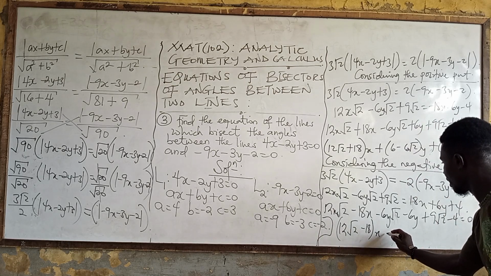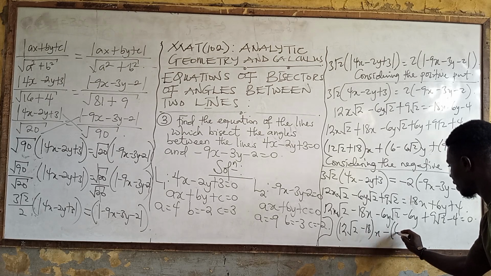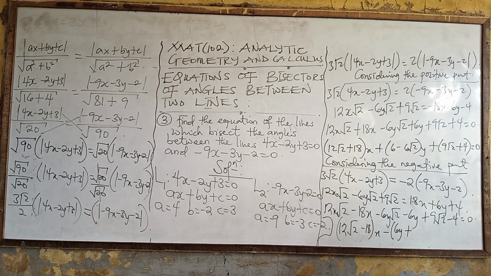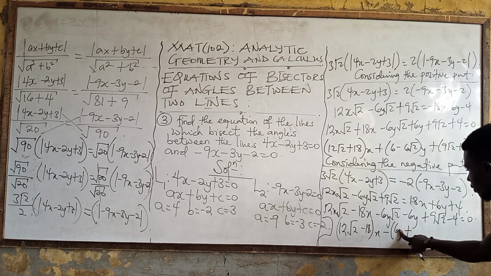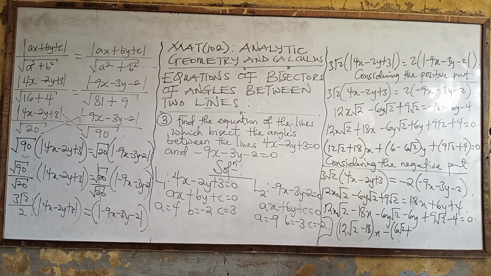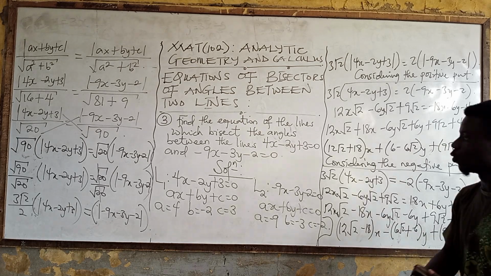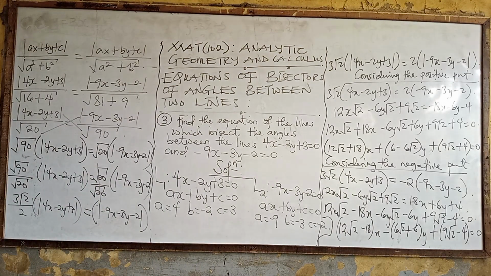Then we can get our negative 6 root 2, then plus 6 multiplying y, and plus 9 root 2 minus 4 equals 0. So negative 6 root 2 multiplying y, negative times positive, you get negative. And plus that equals 0. So that's our second equation of the bisector.